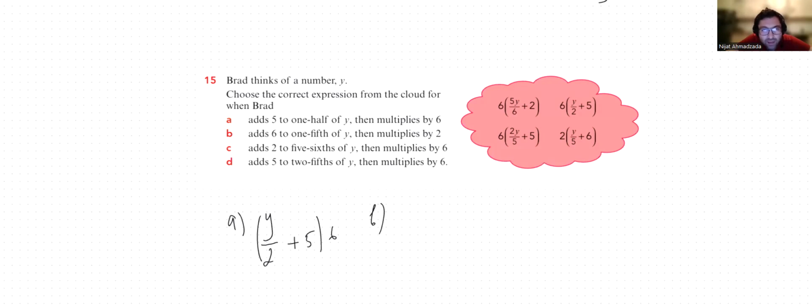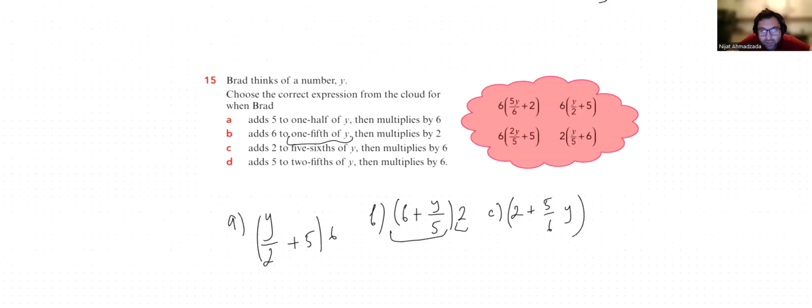Part B. Add 6 to 1/5 of y, so y over 5. Then multiplies it by 2. We got some number, then multiplied it by 2. Part C. She adds 2 to 5/6 of y.